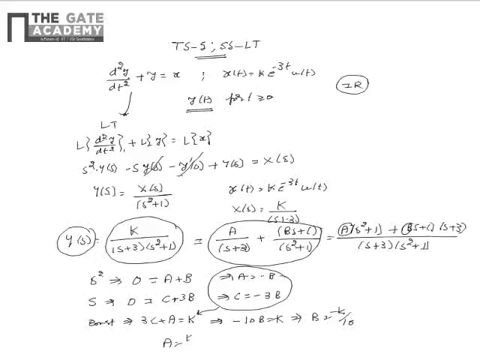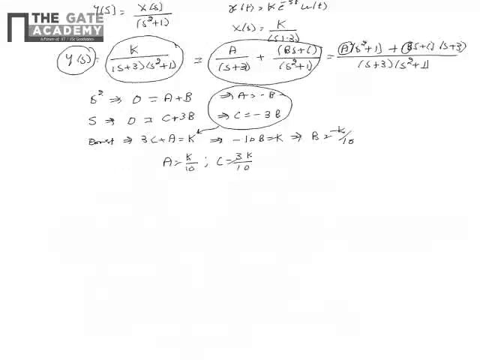From this we see that a is equal to k divided by 10 and c is equal to 3k divided by 10. From this we see that y of s is equal to k divided by 10 multiplied by 1 by s plus 3 minus ks divided by 10 multiplied by s square plus 1 plus 3k by 10 divided by s square plus 1.